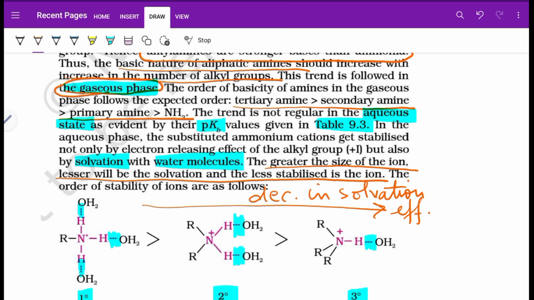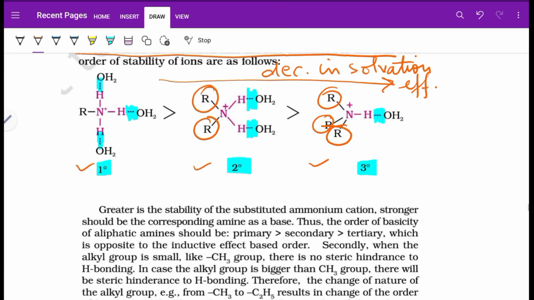Because if the size of the ion or size of the alkyl group goes on increasing, we are having a greater hydrophobic part. That means the non-polar part is increasing when I am moving from 1 degree to 2 degree to 3 degree, which hinders the formation of the hydrogen bonding with the water molecules.